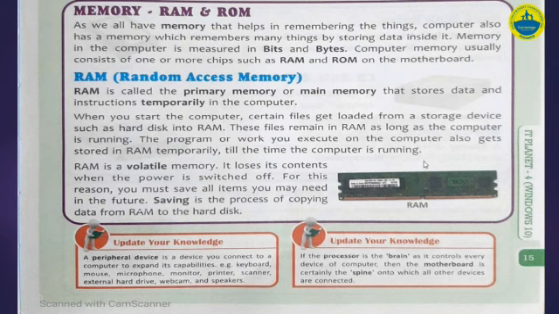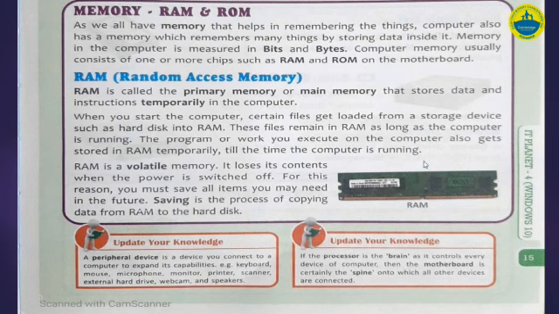Now RAM is a volatile memory. What is the meaning of volatile? It loses its content when the power is switched off. Suppose I am working on my computer and the work needs some memory, and we are utilizing RAM for that. RAM stores the data related to the work, but suddenly the power goes off.